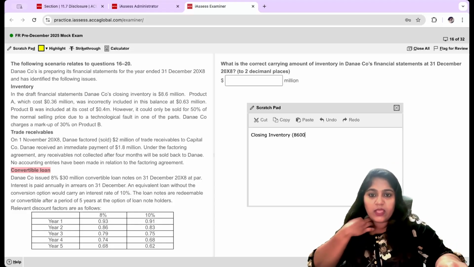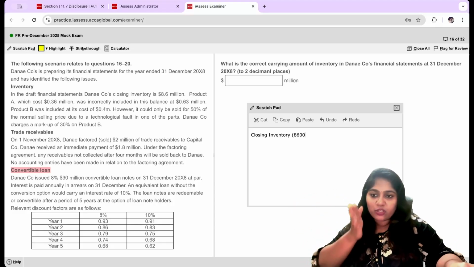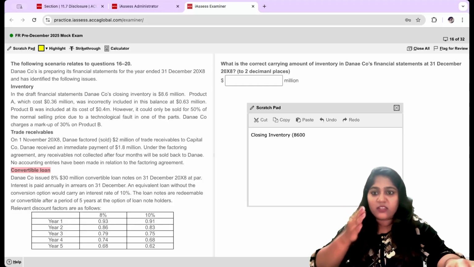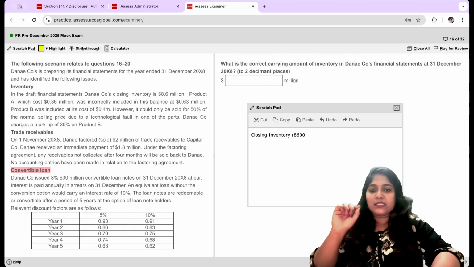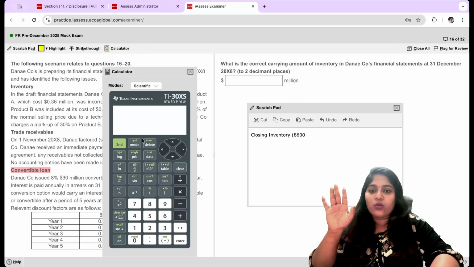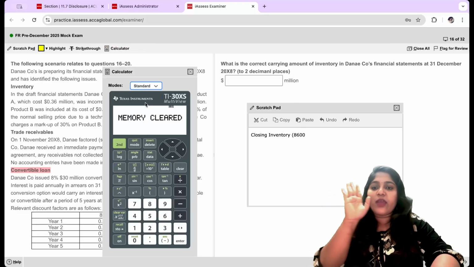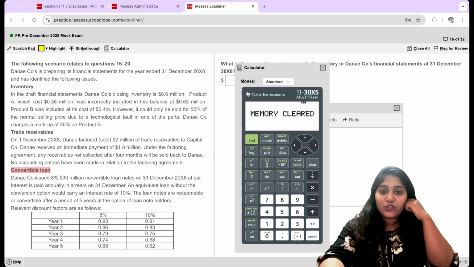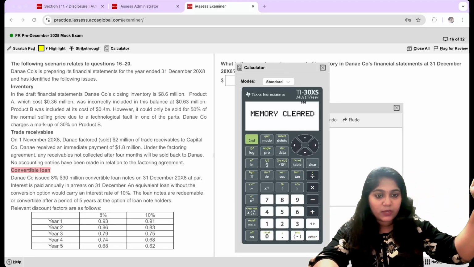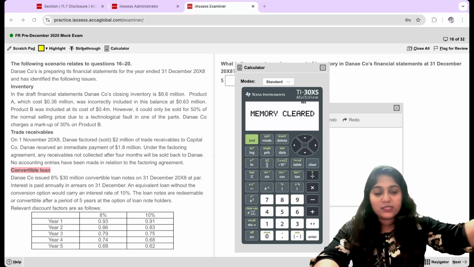In this, product A, whose actual cost is 0.36 million, that is $360,000, was incorrectly included in the balance at 0.63 million. So what do I have to do, guys? I have to eliminate the excess that I have calculated. I should have recorded 0.36 million, but I went and recorded 0.63 million.